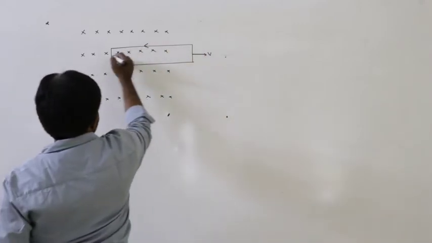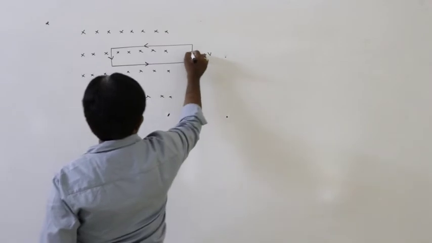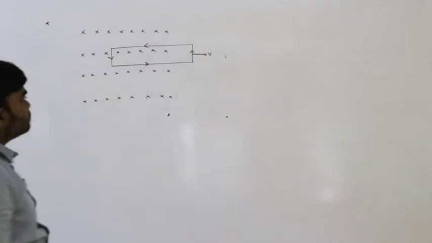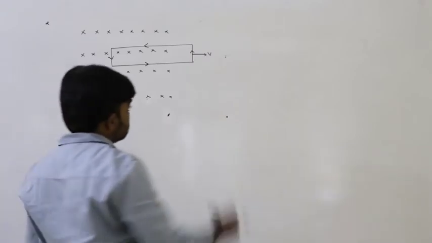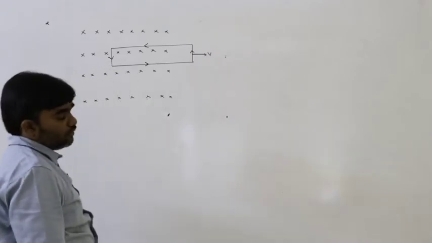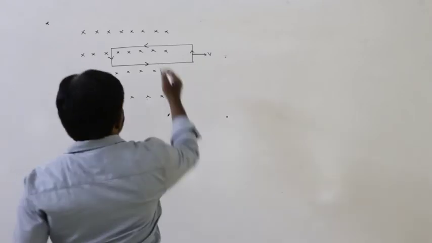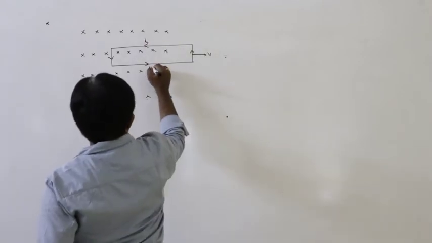So let us say this is the current carrying through the conductor. The rectangular loop is being pulled out of the uniform magnetic field. So this is the direction of the current I.